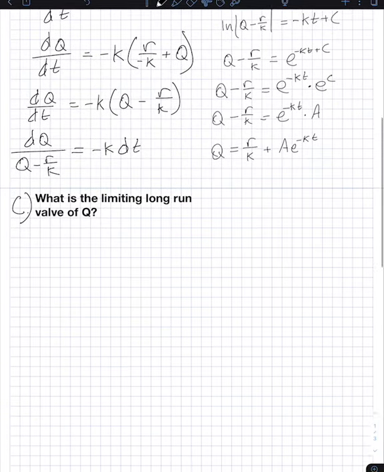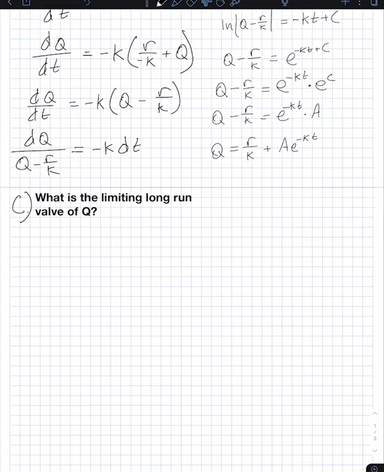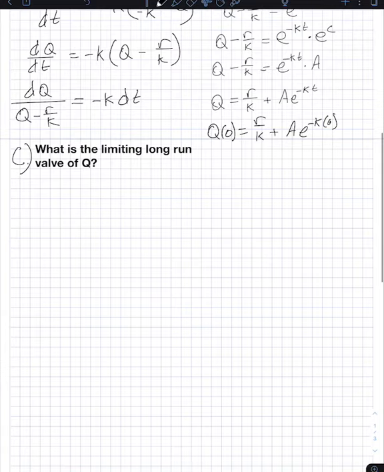So Q of 0 equals R/k plus A e to the negative k times 0. Q of 0 is 0, and e to the 0 is 1.